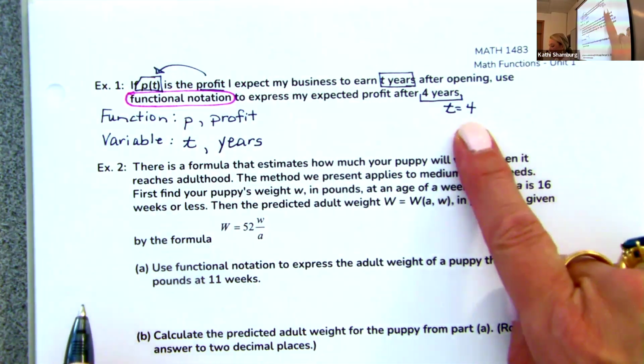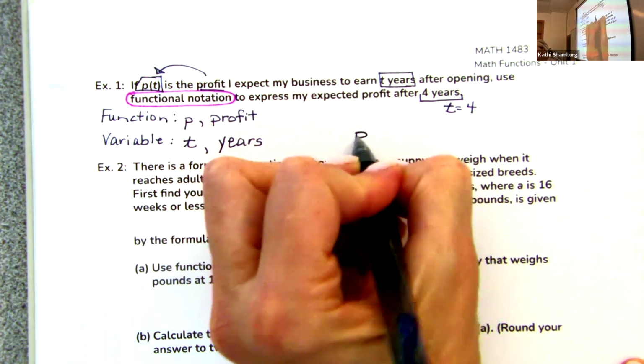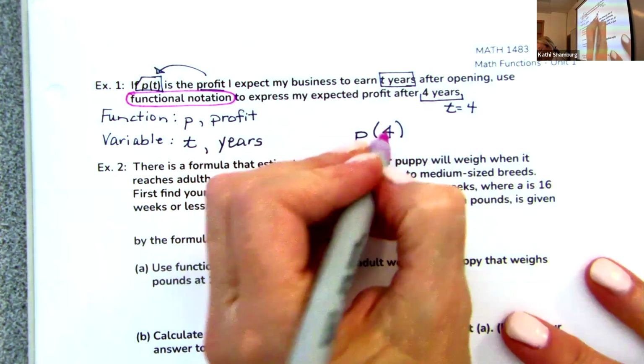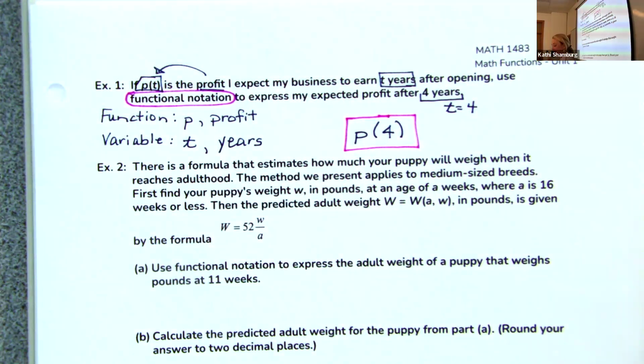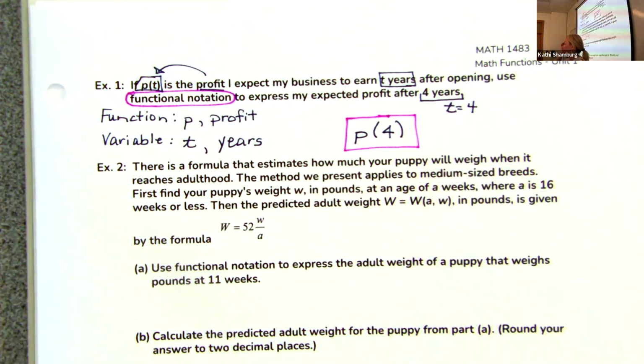So how do I put that 4 into functional notation? P of 4. So the actual answer to this question is this right here. But I take the time to define all my information. Now it's not asking me to calculate anything yet, right? It just wanted to know functional notation. That's all there is to it, okay?